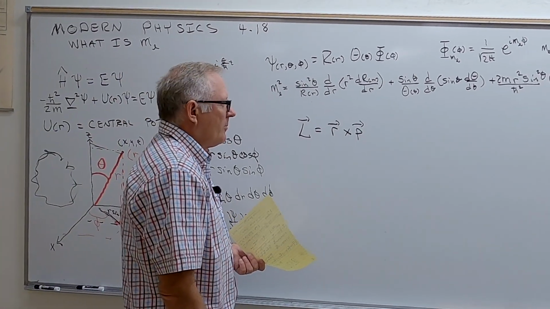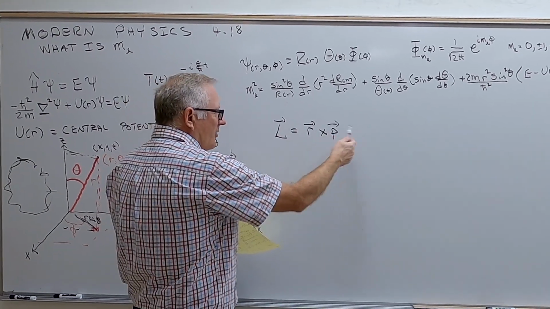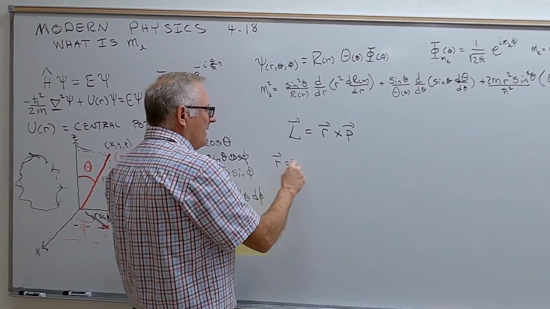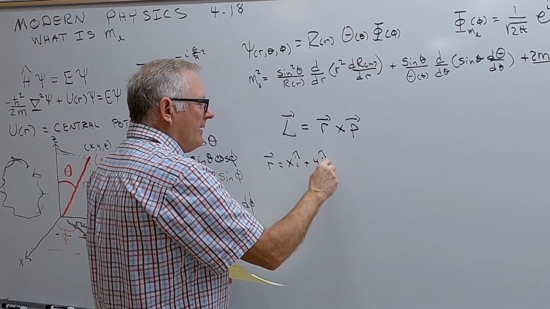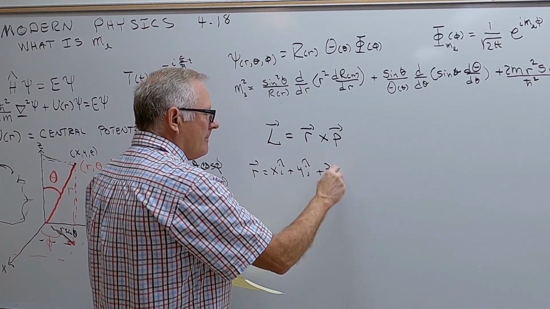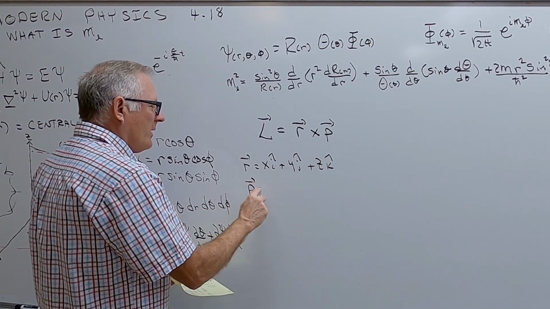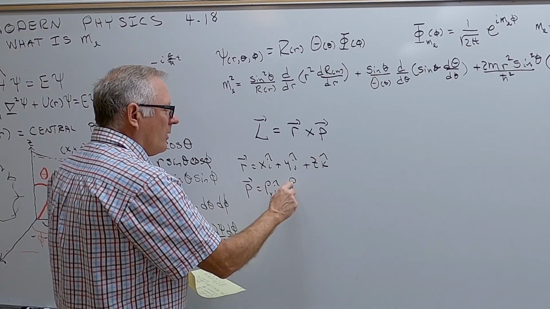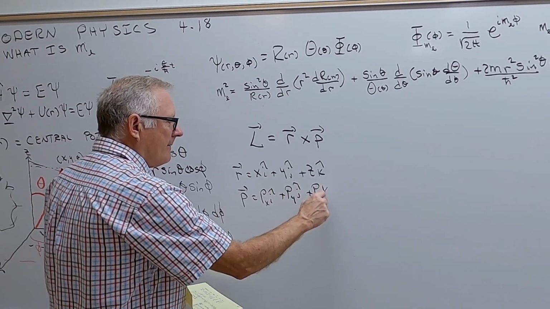Again, if we wanted to take the cross product of this, remember r, you could have written it as x in the i direction plus y in the j plus z in the k, if we wrote it as a vector. And p, we could have written it as px in the i plus py in the j plus pz in the k.